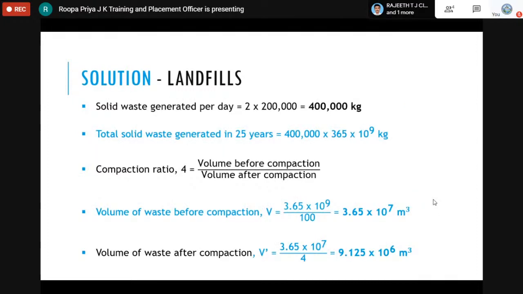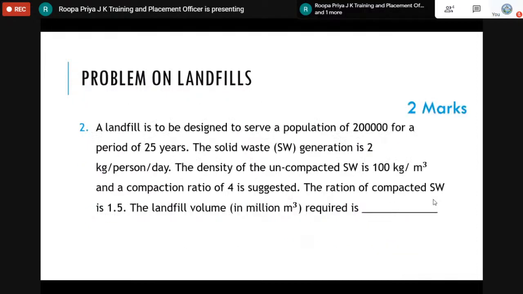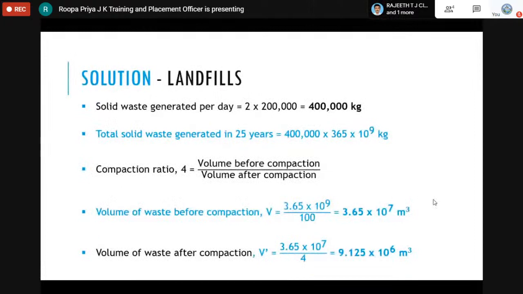Again, simple steps. The solid waste generated per day will be equal to the population into the kg generated, that is the generation of the solid waste, which is given as 2 kg per person per day. We have 2 lakh people.